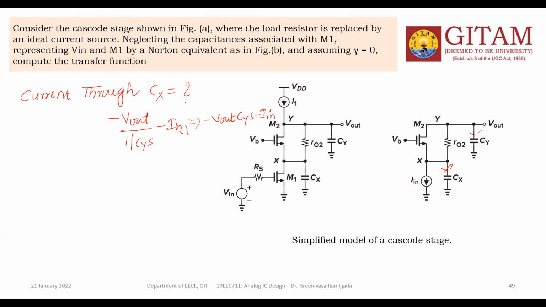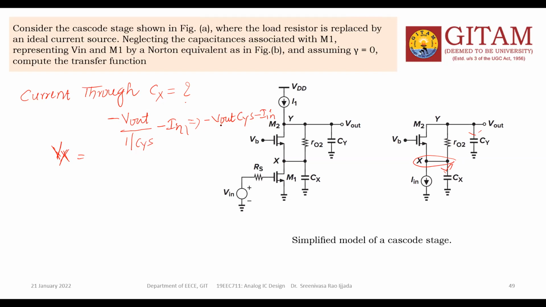Once you know the current to Cx, you can find the voltage. What is the node voltage Vx at this point? The current is multiplied with the impedance.